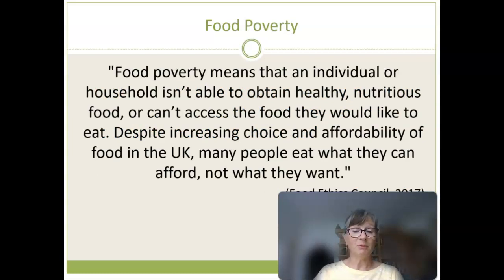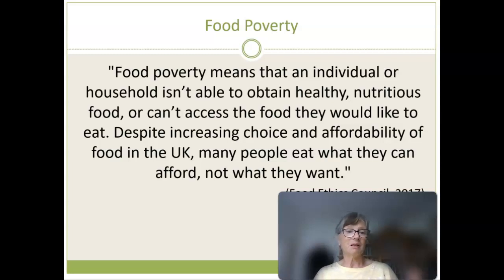So food poverty, what does that mean? So this could affect an individual or a household or a whole community, but they aren't able to obtain healthy, nutritious food or can't access the food that they would like to eat.